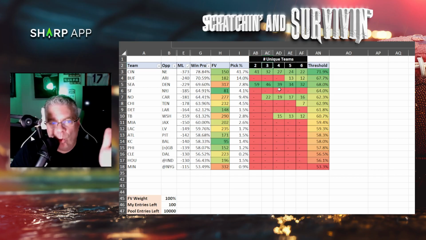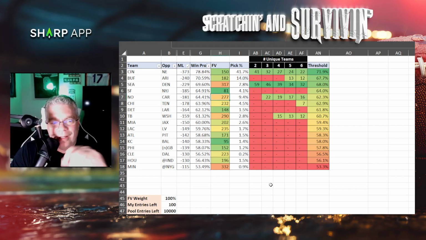And again, that's how it works if you go with 3. If you go with 3, it's bringing New Orleans into the equation if we go with 100% future value. So if you're in a large pool, I like to start at about 100%. New Orleans comes in because, again, New Orleans is not really projected to have a lot of future value here, so that's why we're starting to see them creep in.